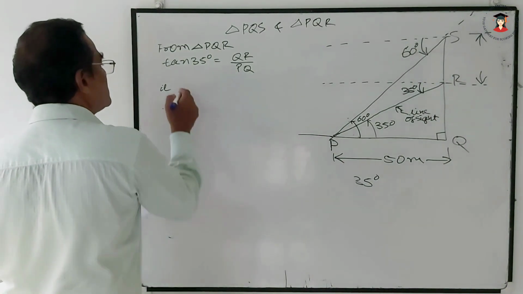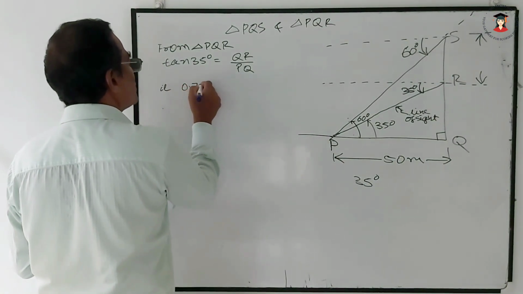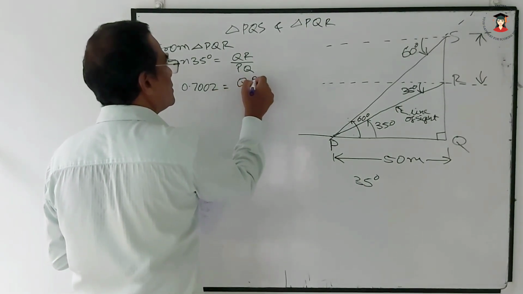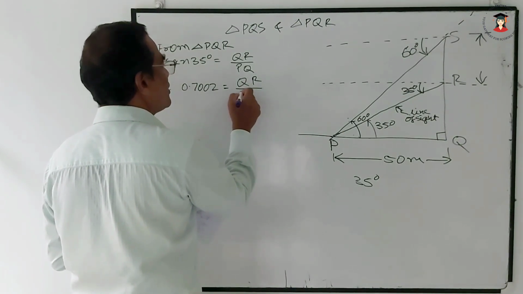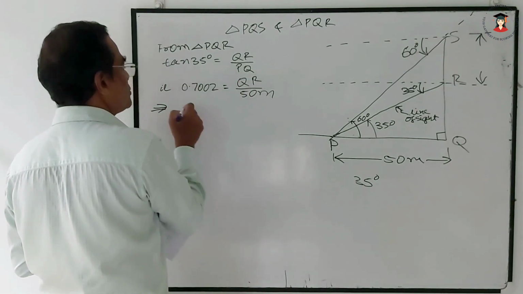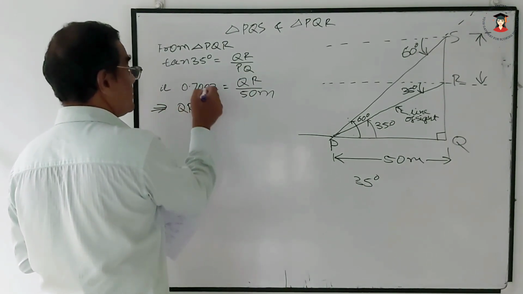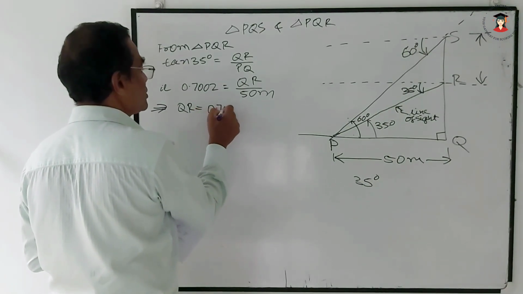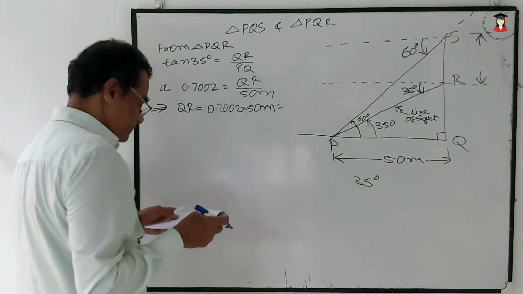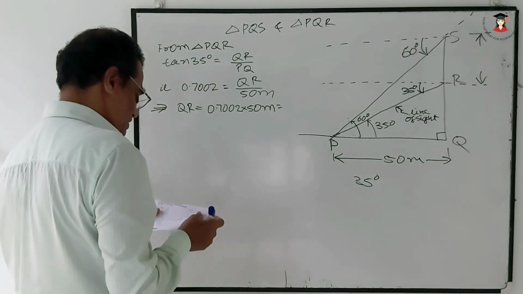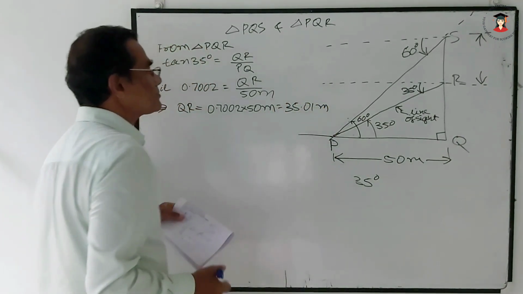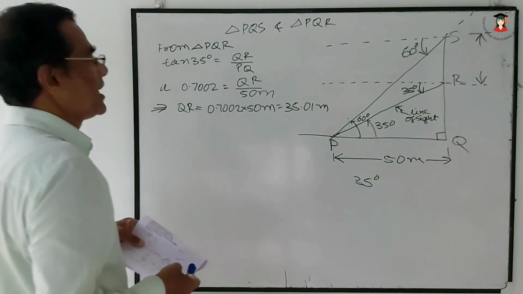Tan 35 is 0.7002. And QR we do not know, but we know what PQ is. PQ is 50 meter. This implies QR will be equal to 0.7002 into 50 meter. And that is equal to 35.01 meter. So we obtained QR.